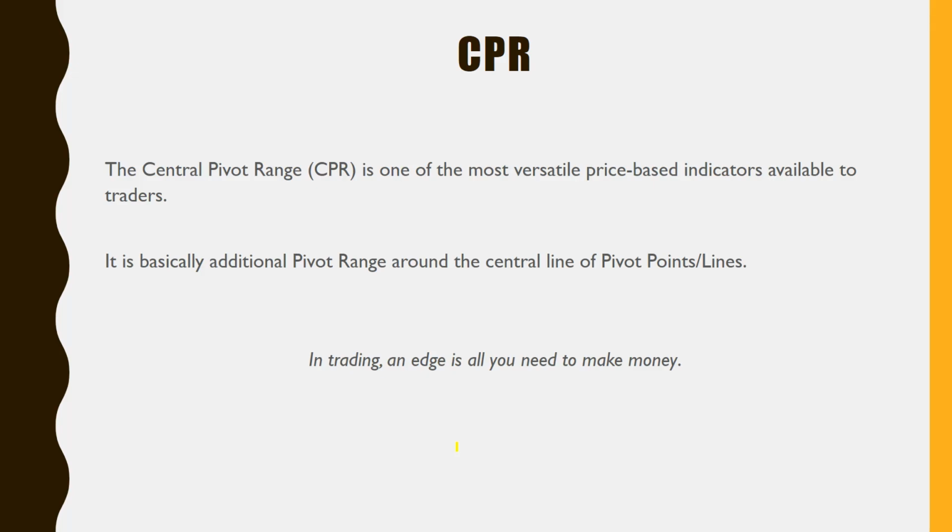So pivot lines, let's just say this CPR is two additional pivot lines around the center line of the pivot points. In trading, an edge is all you need to make money, right? So CPR might give you that edge that you need. So let's go and see how CPR helps someone to understand what is happening in the stock market.